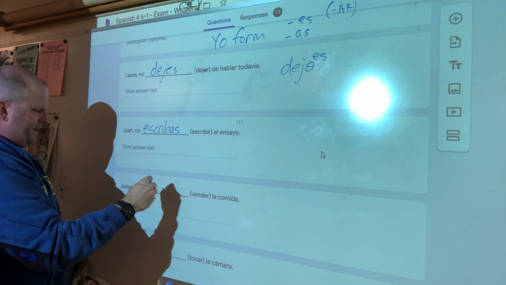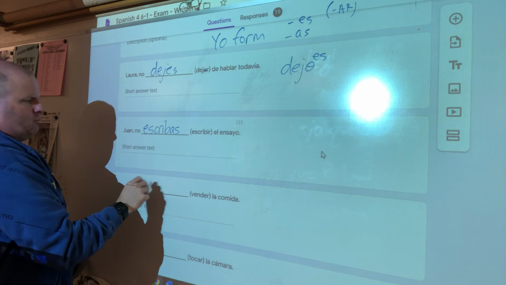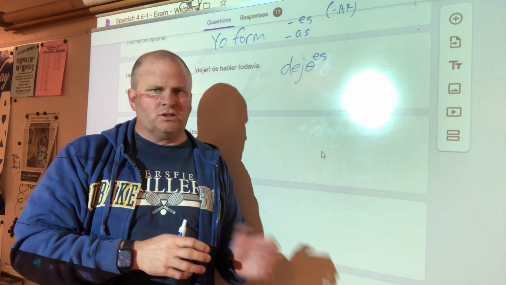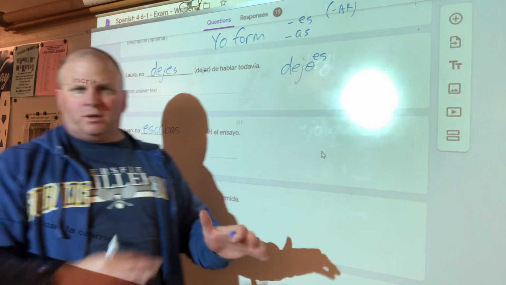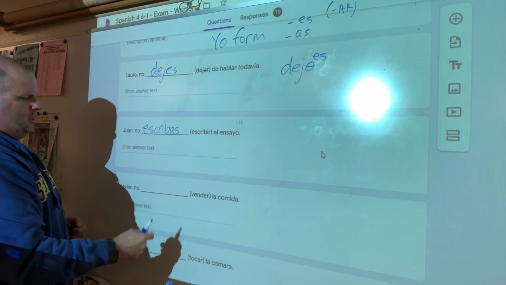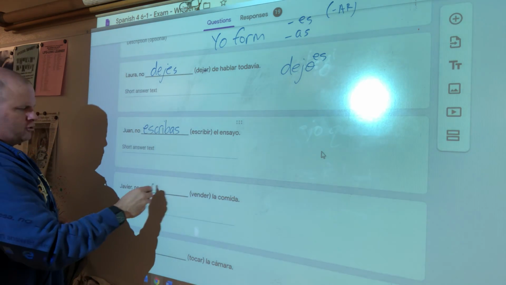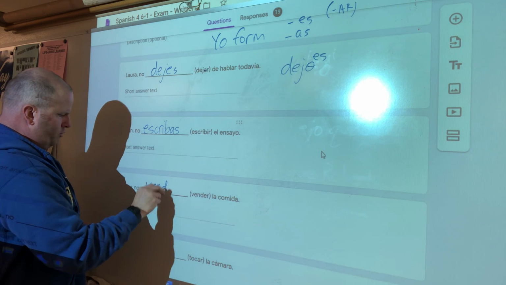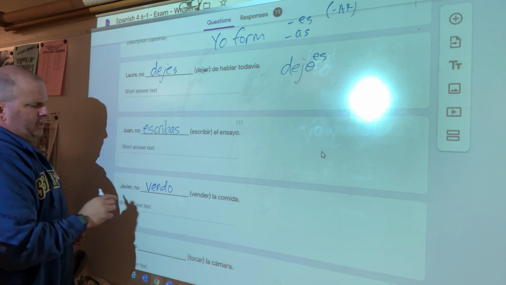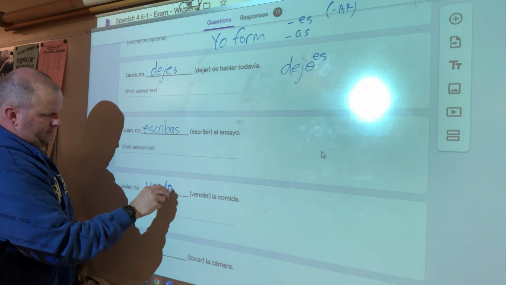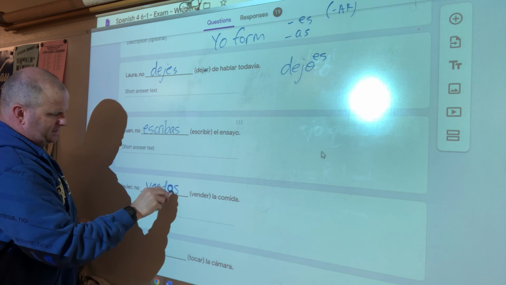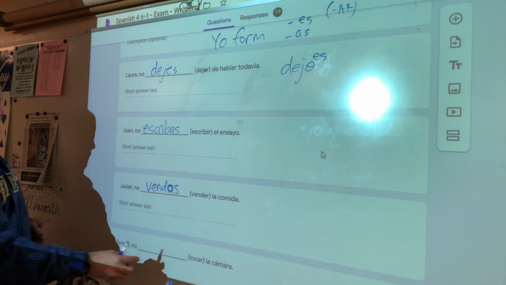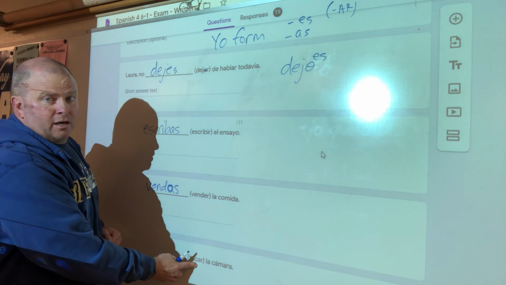Vender, my yo form is vendo, and we didn't have any irregulars on this one. With all of these you just work with the yo form and change the o to one of those. So vendo is my yo form, and because it's ER, I'm going to change this to as: vendas. Now this one's a little different. Remember this one is tocar, C-A-R, and a lot of you did this.